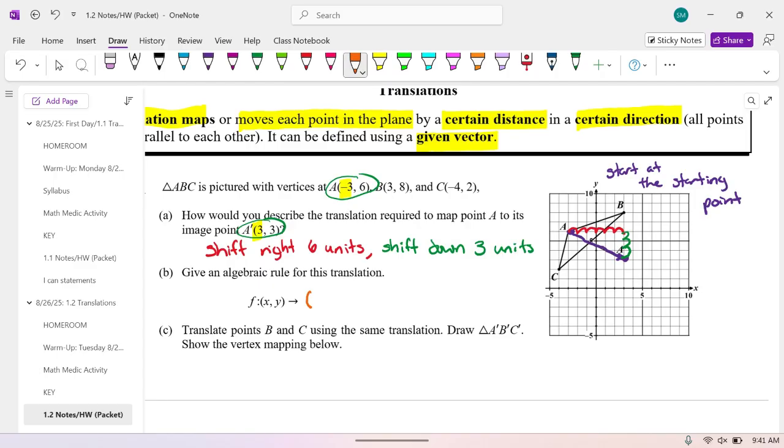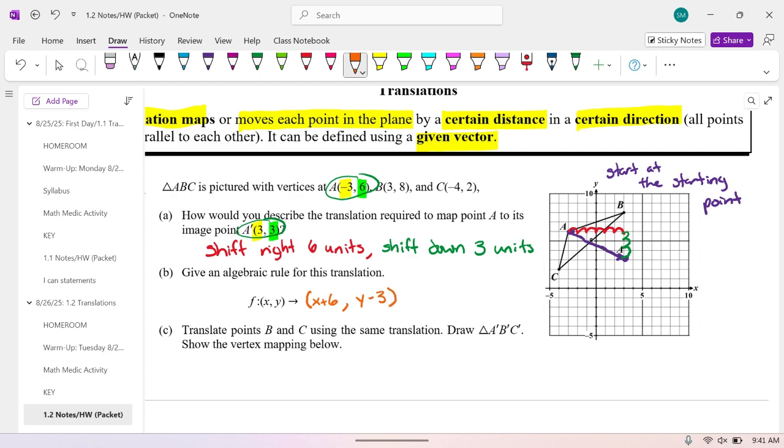So if I want to write the rule, it would be what? X plus 6. Whereas if we look at our y value, what happened from A to A prime? Minus 3. So we write this as y minus 3.